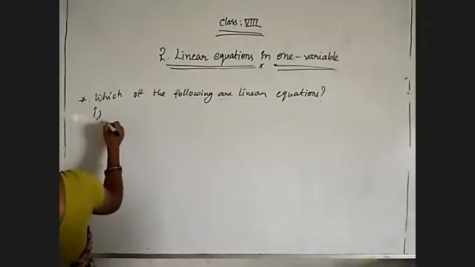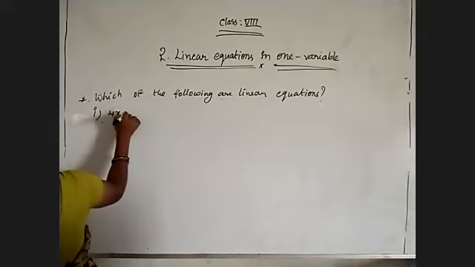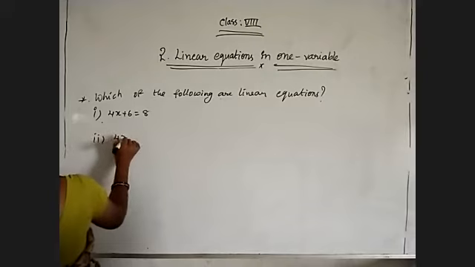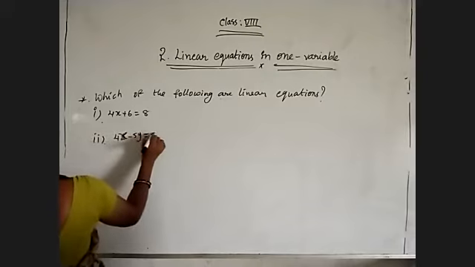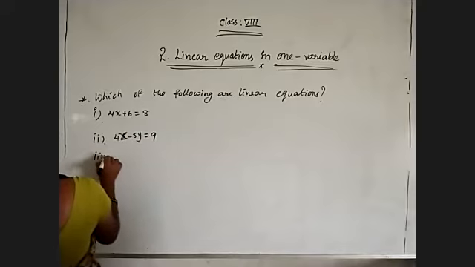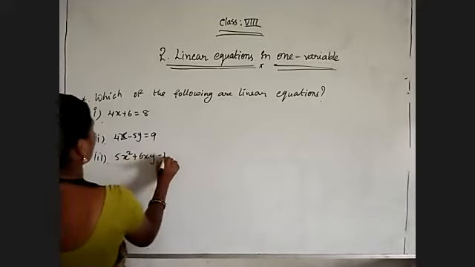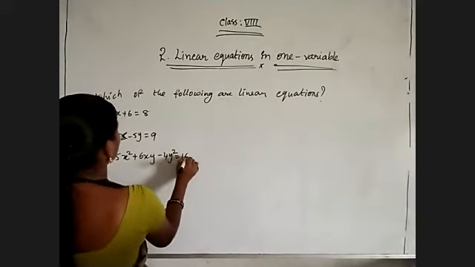The first one is 4x plus 6 is equal to 8. Second one is 4x minus 5y is equal to 9. And third question is 5x square plus 6xy minus 4y square is equal to 16.